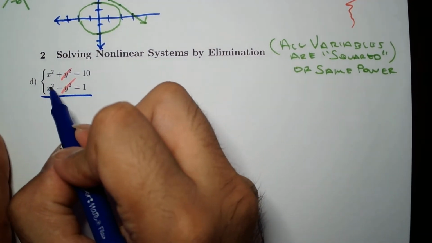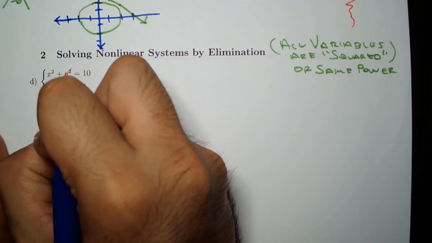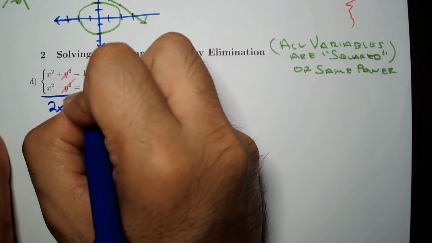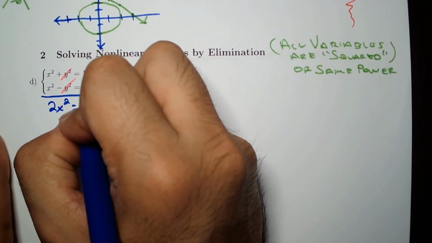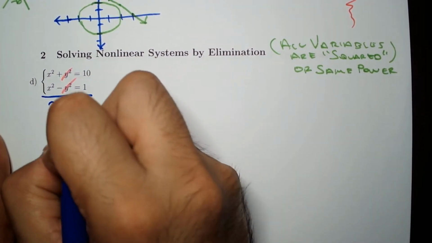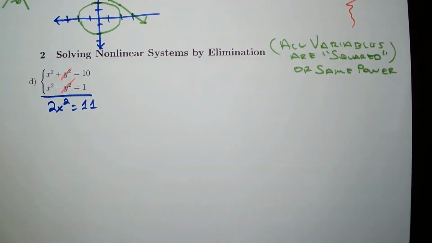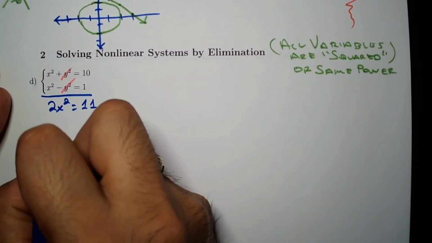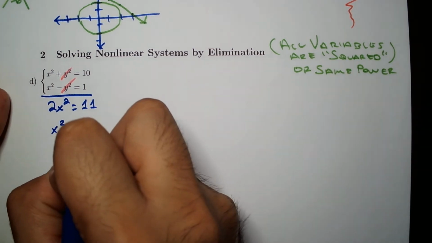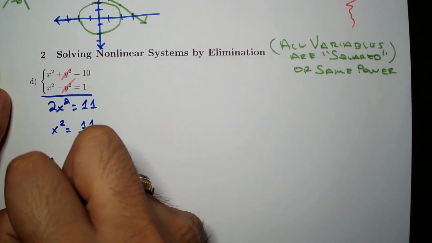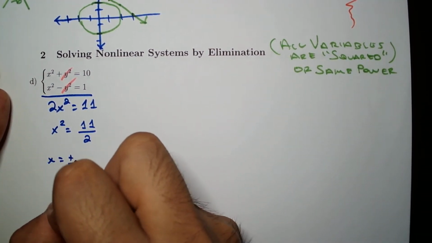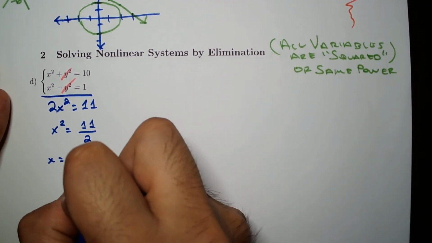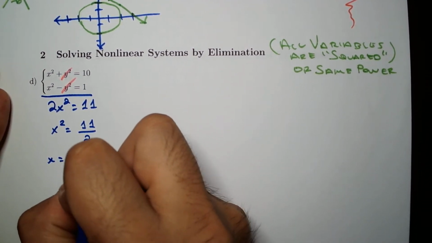So we add x squared plus x squared to give us 2x squared, and then 10 plus 1, which equals 11. And then we are going to solve this baby quadratic equation. x squared equals 11 over 2, and then x equals plus or minus, don't forget the plus or minus, the square root of 11 over 2.